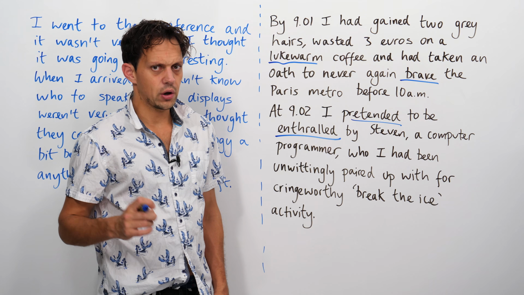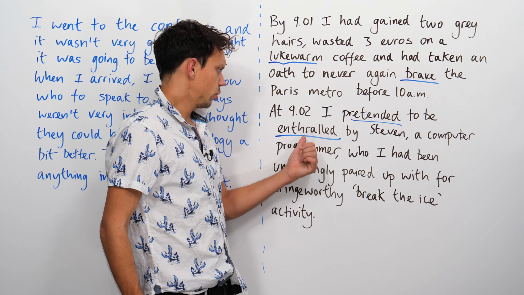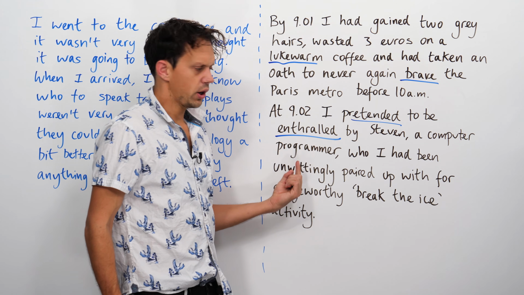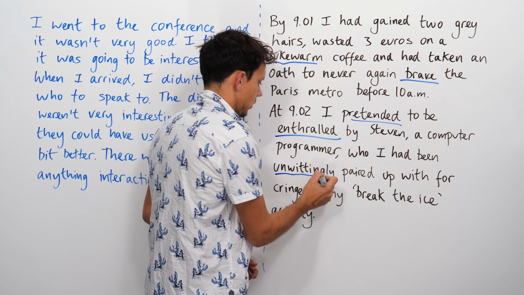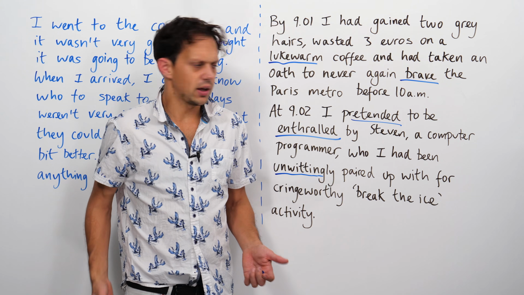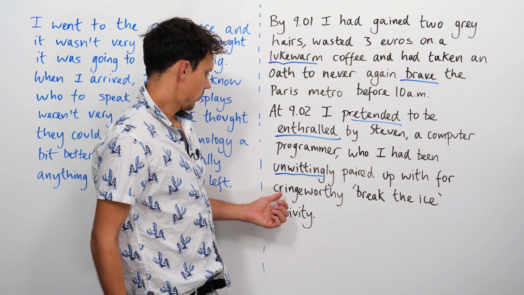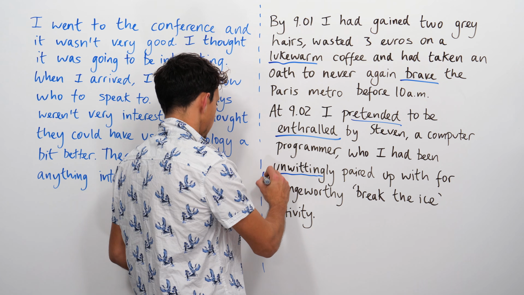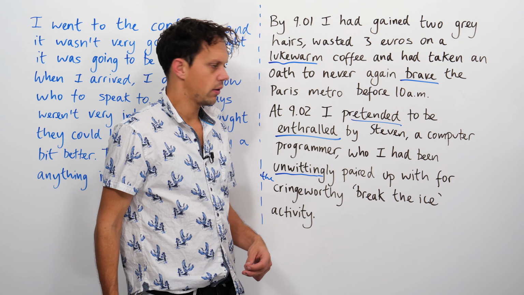Again, not a very common verb. At 9:02, I pretended to be enthralled by Stephen, a computer programmer who I had been unwittingly, that kind of means like it's not very good luck, paired up with for the cringeworthy break the ice activity.